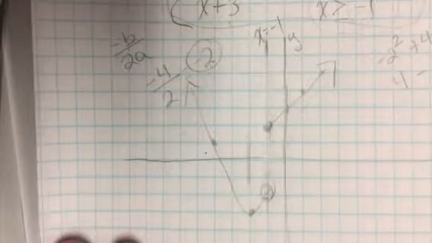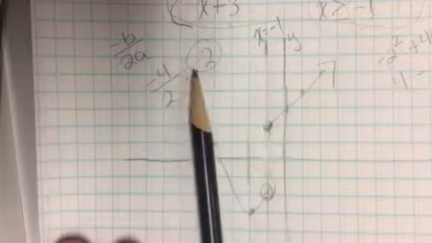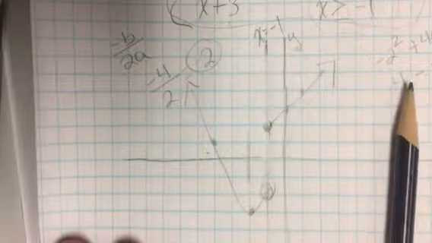Okay, now when I write my domain and range for this particular function, remember domain, that's your x values. What I like to do is look at this graph and see, is it continuous all the way across? Remember, you're looking at the x values. If I move my pencil across from left to right, will it hit a point on this graph every single time?